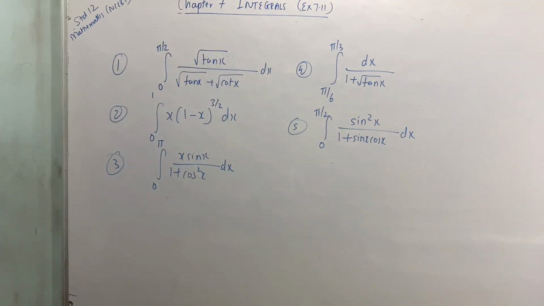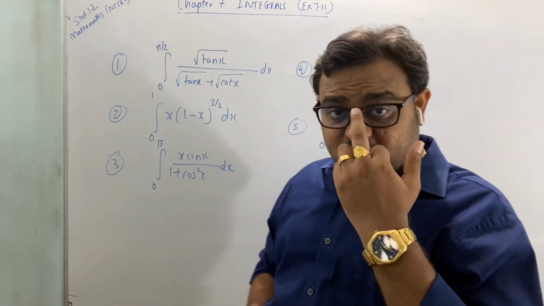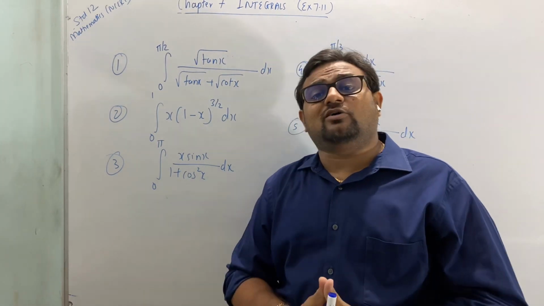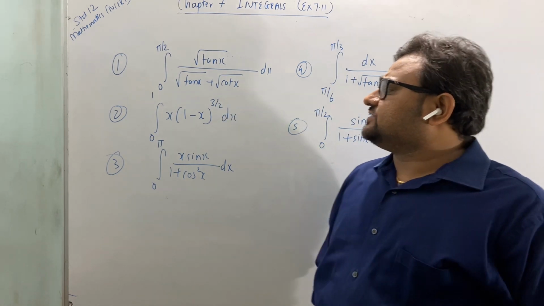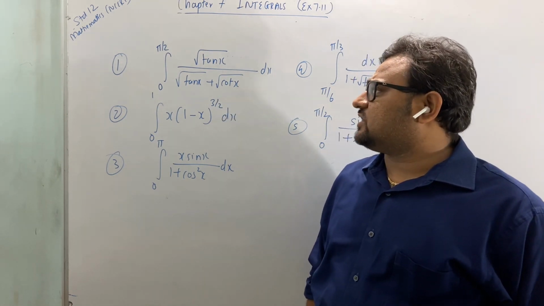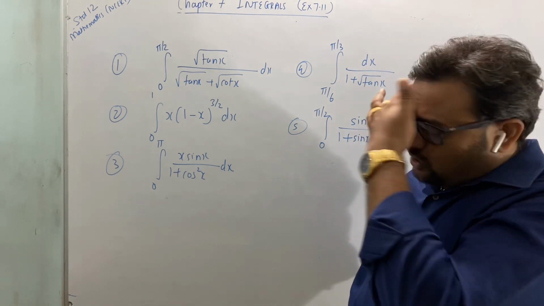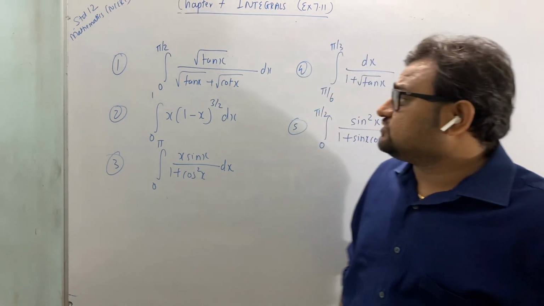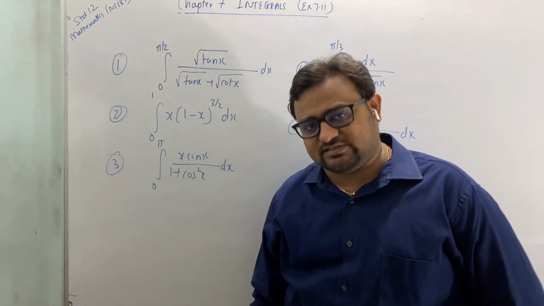Okay, students, so these are the 5 extra questions that I am giving you for yourself. Let me give you a hint how we are going to solve this. Here, the first question, 0 to pi by 2, root tan x upon root tan x plus root cot x. Now see here, you will do a plus b minus x.